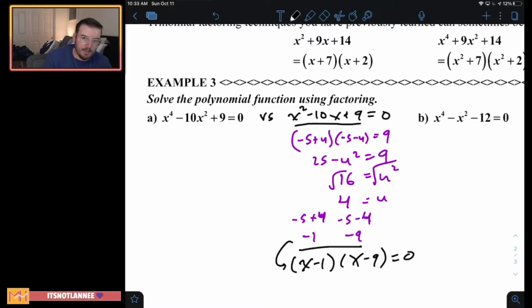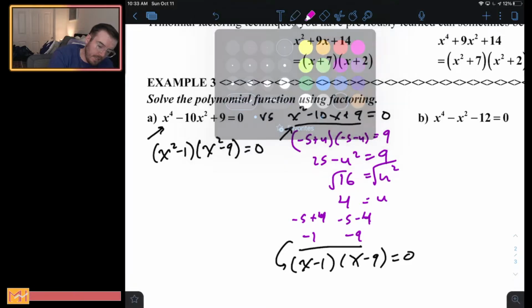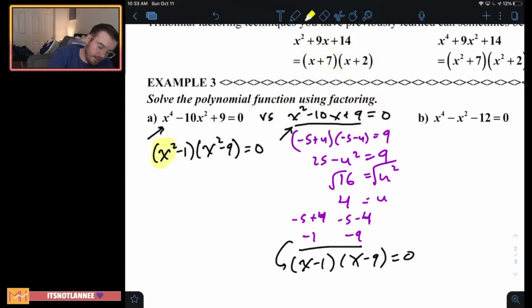Well, if that's what this factors into, then this is going to do the exact same thing, except it's going to be x squared. Now, what can we do with these guys? Set them equal to 0 and solve.